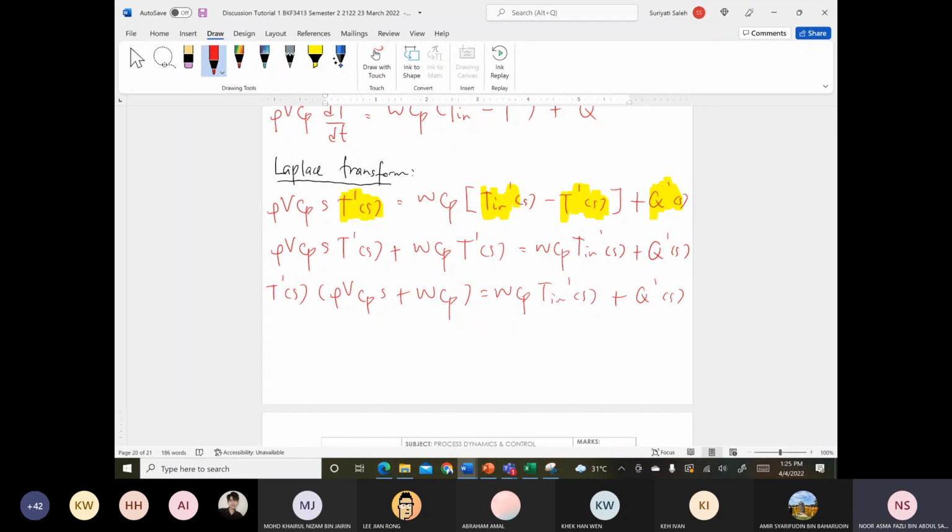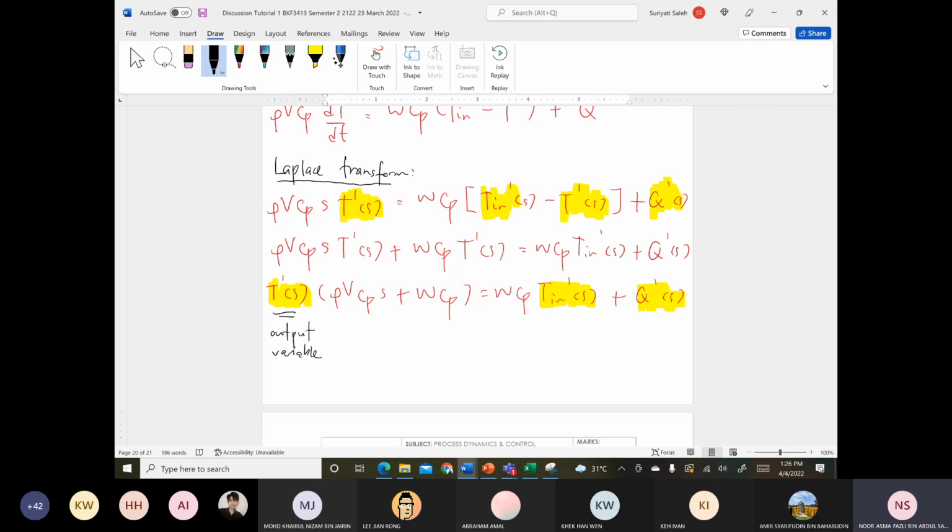So we have already completed the rearrangement of our variables, where you can see now we have a single variable on the left hand side and two variables on the right hand side. For the T prime, we know this part is our output variable. How do we know? Because T normally is the outlet temperature.